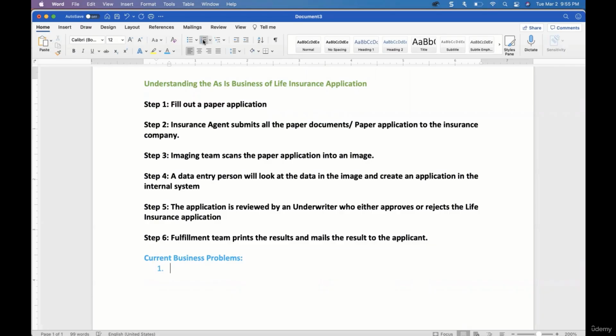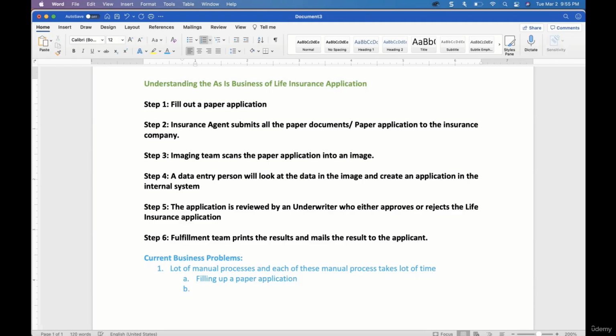So point number one, a lot of manual processes, and each of these manual processes takes a lot of time. So can you help me identify which are the manual processes that are involved here? The first one is filling up a paper application.